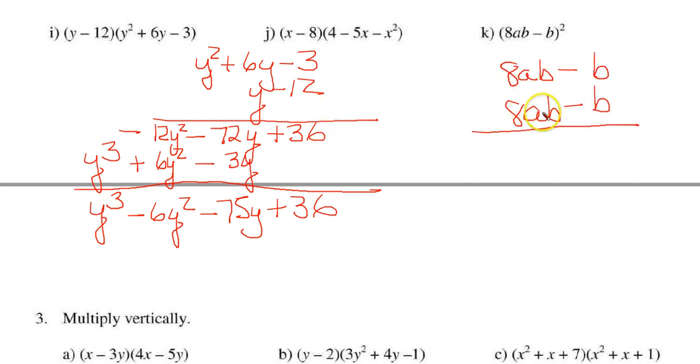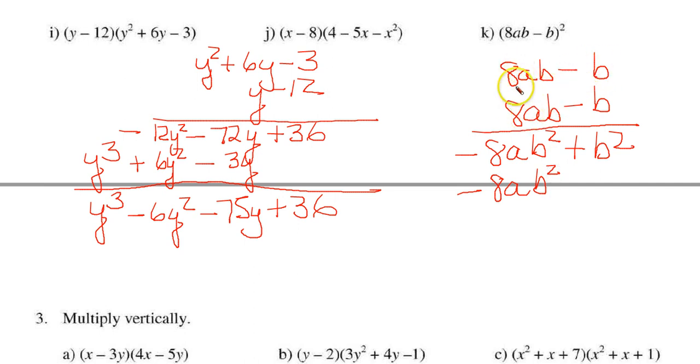We're looking for strategy. So negative b times negative b is a positive b squared. And this gives us a negative 8ab squared. And now this gives us a negative 8ab squared as we multiply this way.